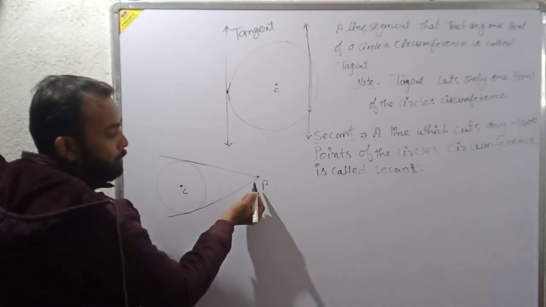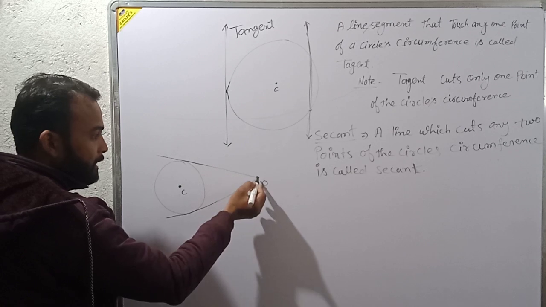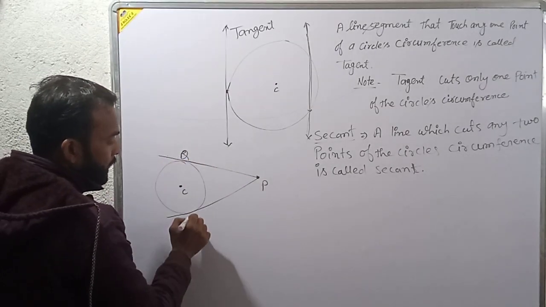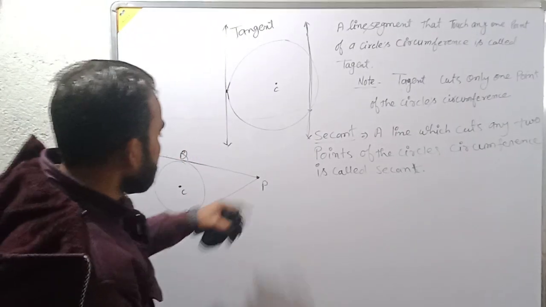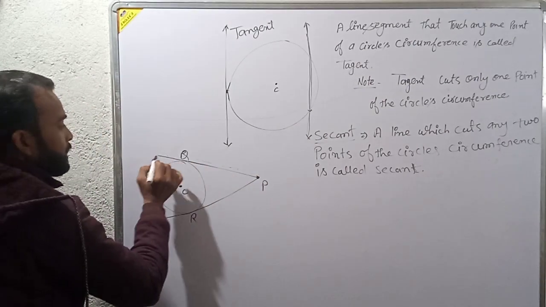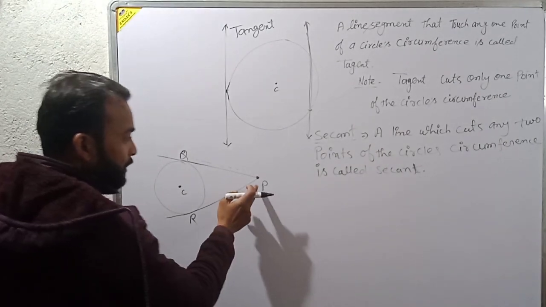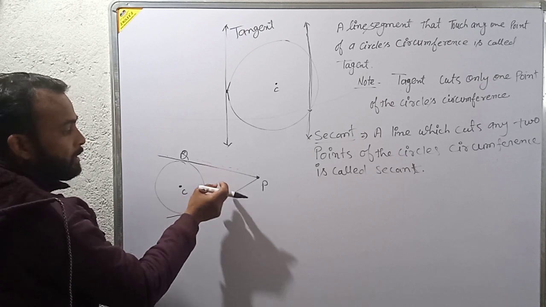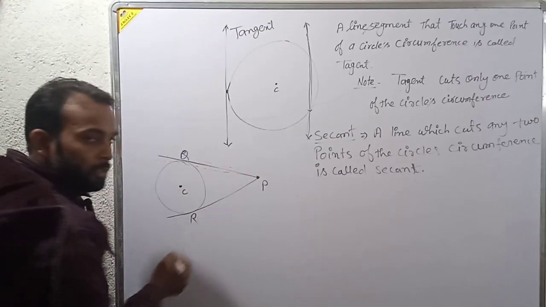If we try to draw another tangent from P to points Q and R, this is not possible, because if we draw above this tangent, it does not touch any point of the circle, and if we try to draw below it, it cuts 2 points of the circle.